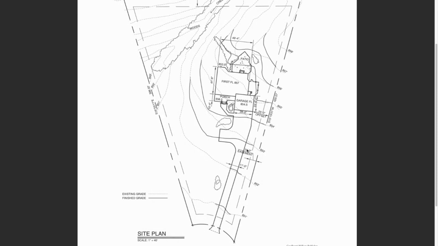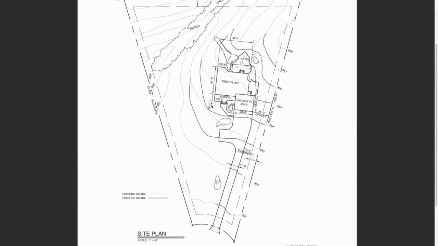So you see that especially here we've changed the contour here, right? So we've taken, I'll have to think about this. So we've excavated a little bit here. We've changed the contours on this side of the house.